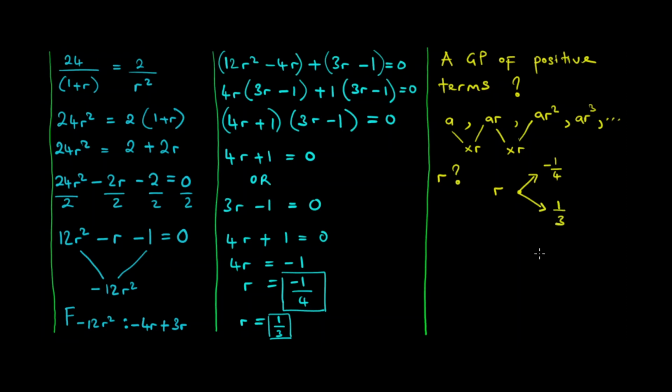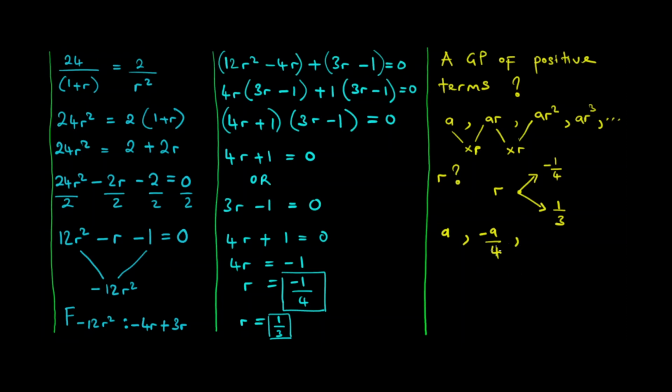But because we are told that our geometric progression is made up of positive terms, it is not possible to take negative r, because if r is negative, the second term will also be negative. So if r is for example negative quarter, then a, which is our first term, the second term will be negative a over 4, because it's a times r, a times negative quarter.